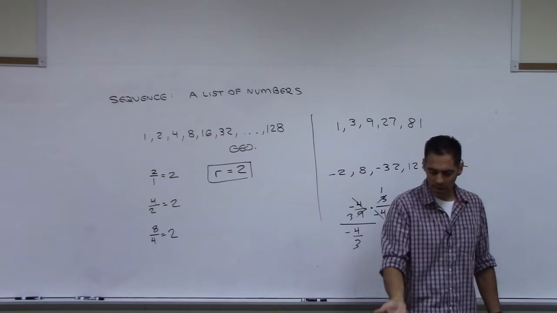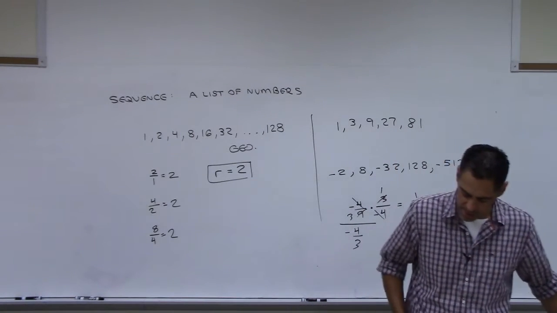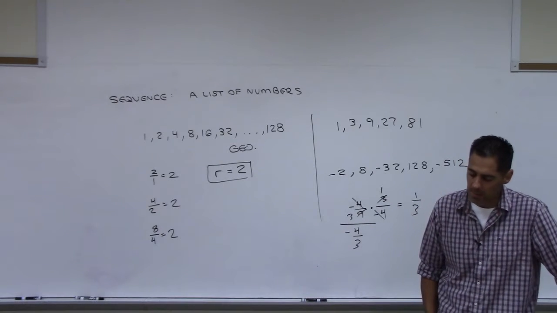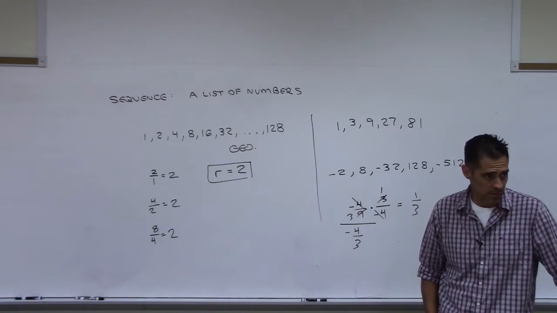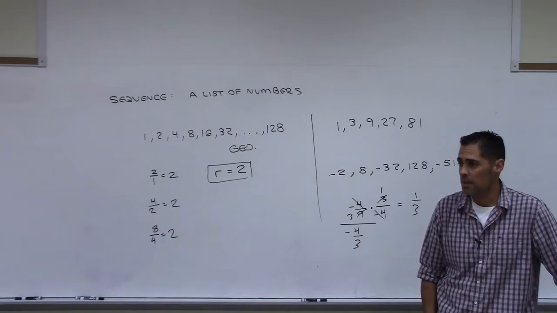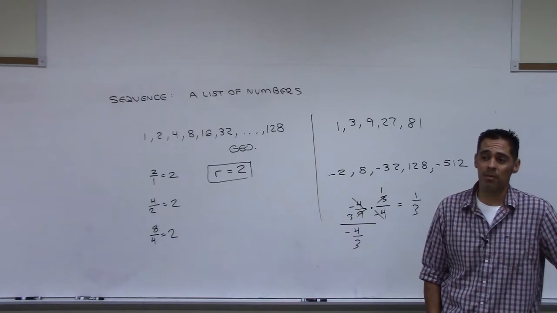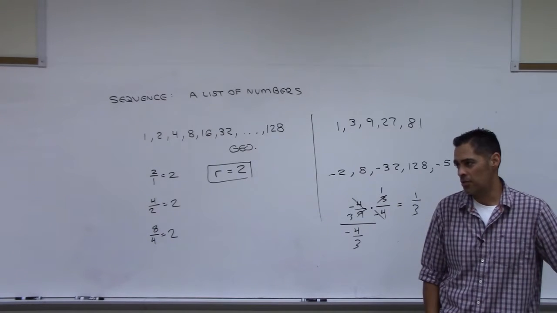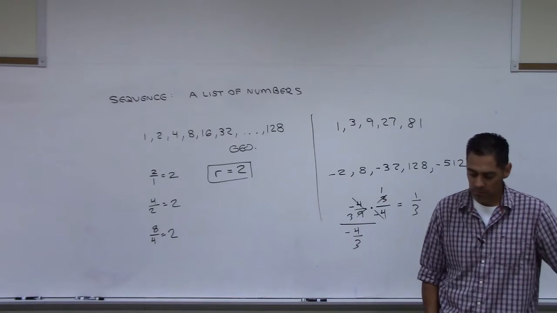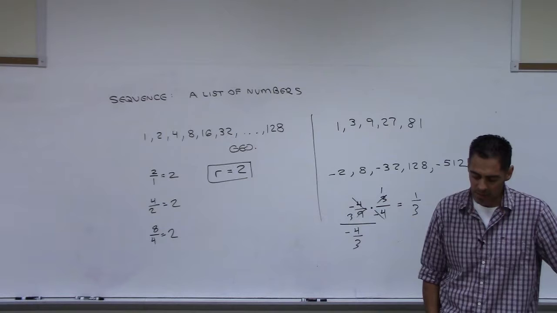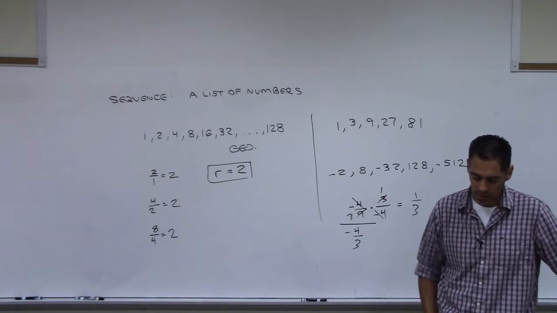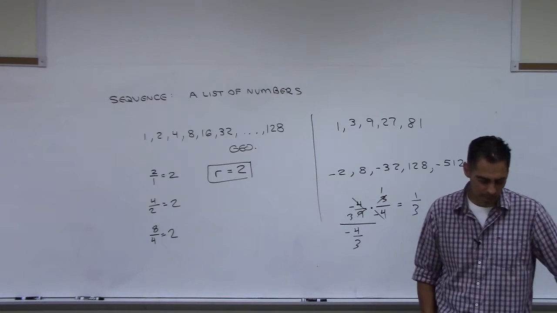So look at these sequences, A, B, C, and D, and determine whether or not they're arithmetic, geometric, or neither. Because it is possible to be neither. And it is also possible to be both. You can be both arithmetic and geometric. So why don't you take a few minutes, and then we'll talk to each other if you need to.